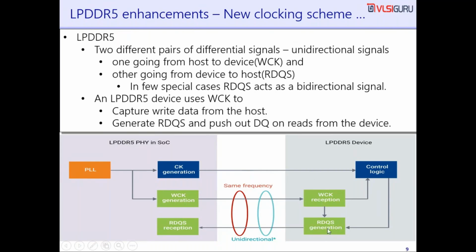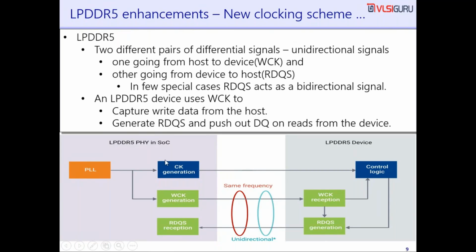We are not using the clock signal to generate the DQS. We have an independent path: the clock is running at a different frequency, and WCK and RDQS are running at a different frequency. That isolates the clock and WCK relationship. So the clock can run at a lower frequency, and WCK can run at a higher frequency to get better data throughput, because when you are generating address and command, you don't need a very high clock frequency.